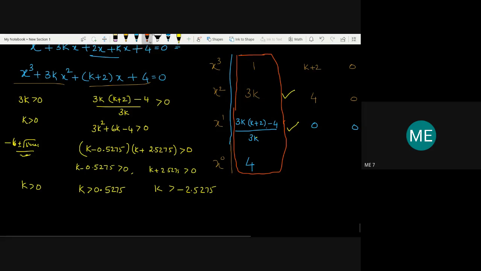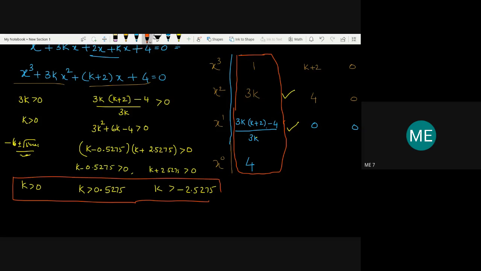So all the values of k which satisfy the equation, all three ranges should be satisfied here. So common range we need to find out. So k is greater than 0, k is greater than minus 2.5275. So minus 2 to 0, it will not be satisfied. Okay, so we have to take k greater than 0 and k greater than 0.5275.